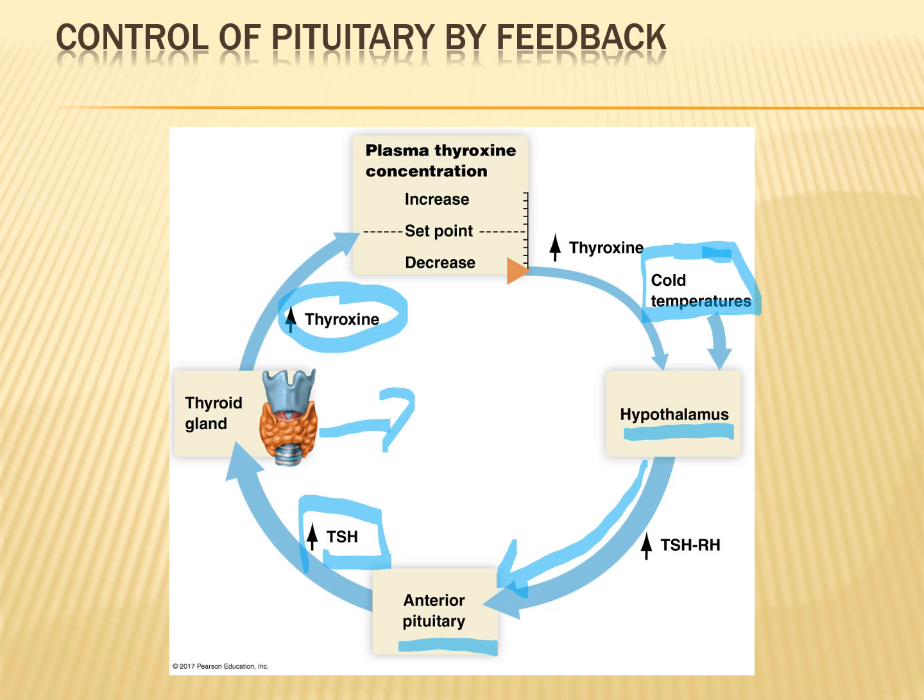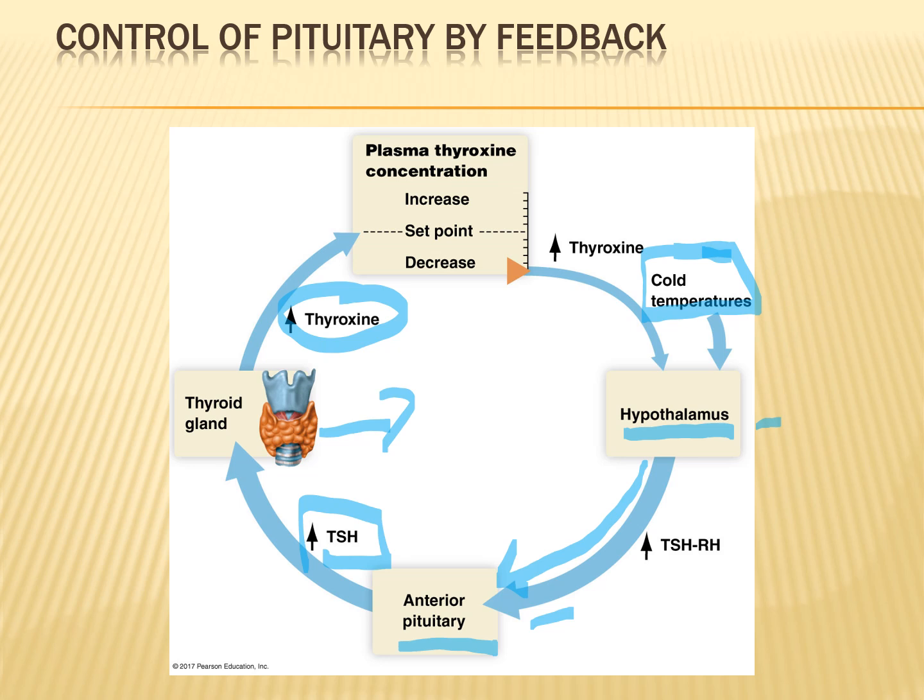That's going to initiate a series of changes inside of cells to increase metabolic rate, which is going to increase heat production in response to the cold. So this series of steps are how the thyroid gland is controlled. It's controlled ultimately by the hypothalamus through the anterior pituitary, stimulating the thyroid gland to produce thyroid hormone.